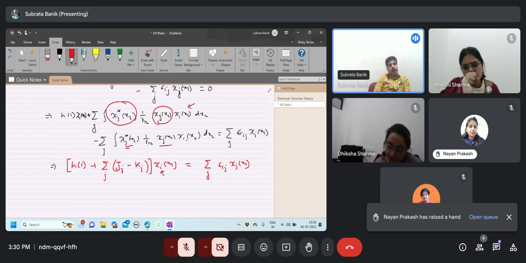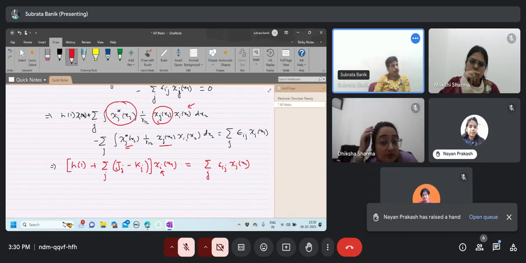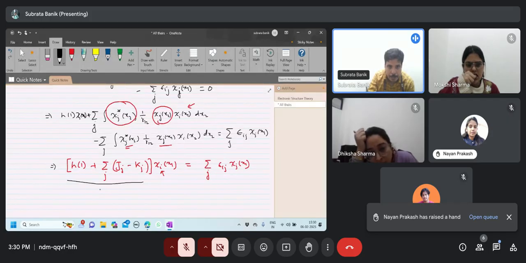Now, what does it look like? On the left side, everything depends on electron 1. Everything has only one index. So the whole term inside the bracket on the left I can write as f of 1 chi i of x1.